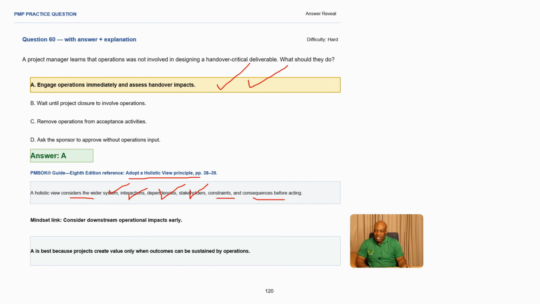The best mindset to apply to this question is to consider downstream operations impact early. The earlier you get to know the problem, the better for the project, because you can come up with a solution for that. Making A the best answer, because projects create value only when outcomes can be sustained by operations. So you don't need to exclude operations from this.